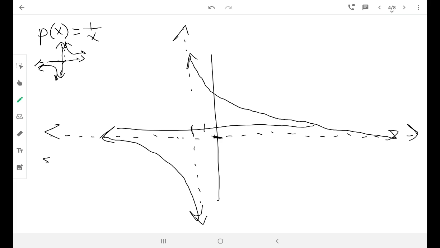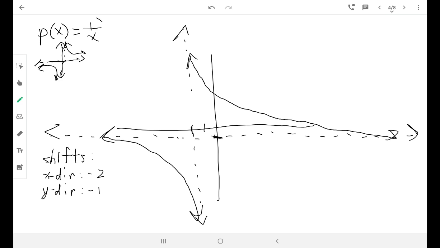So let's write down the shifts, just like we did when we had the equation. In the x direction, we're talking a shift of -2. In the y direction, we're talking a shift of -1.